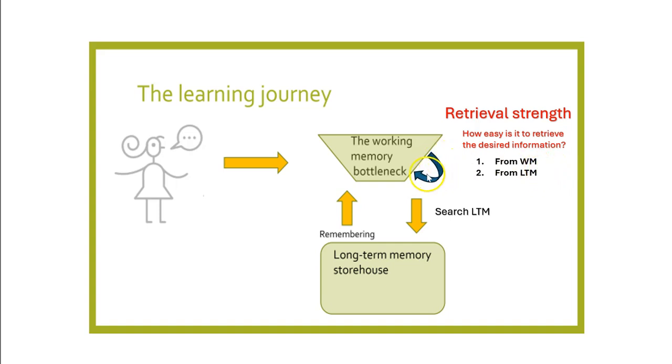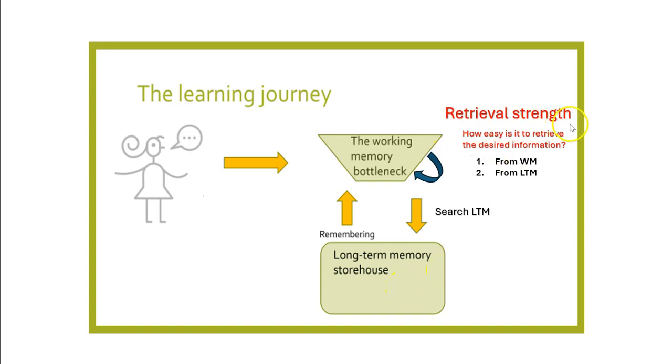And so this arrow here would indicate that I was just processing that information, so it's still stored in the short-term memory system, so I can quickly retrieve that information from my short-term memory system. But I might also be using my working memory to search the long-term system, where I find the information reactivated and load it up into the working memory system. Now, that might be easy as well if I have strongly stored the information in my long-term system.